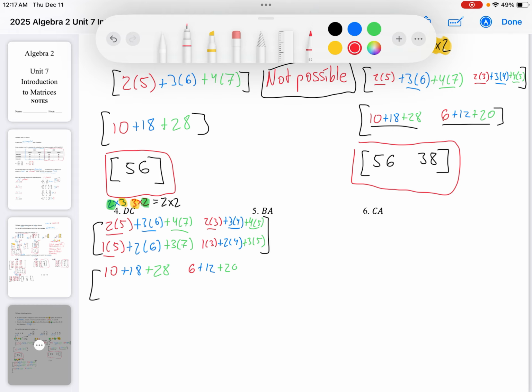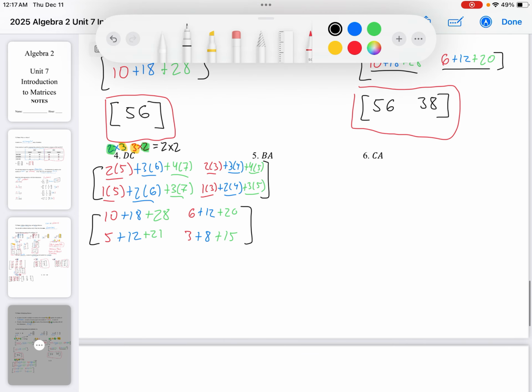Okay, going down, 1 times 5 would be 5, 2 times 6 would be plus 12, and 3 times 7 would be plus 21. Okay, and finally, 1 times 3 is 3. Let me change the blue here. 2 times 4 is 8, and 3 times 5 is plus 15.